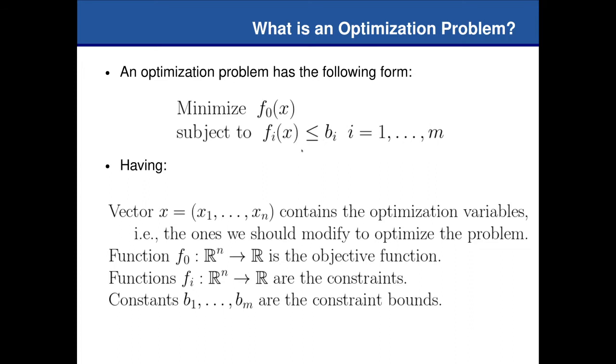All those functions fi also receive n variables, and their map goes to the real line as well, and those are our constraints. They define bounds for our problem. They tell us what conditions our problem must satisfy while solving the objective function.